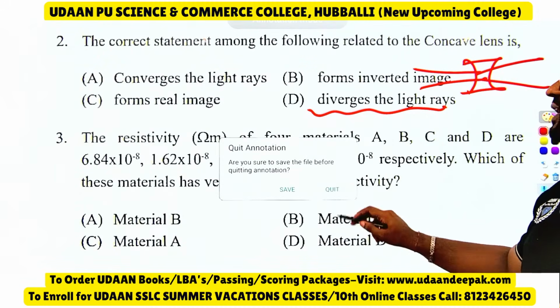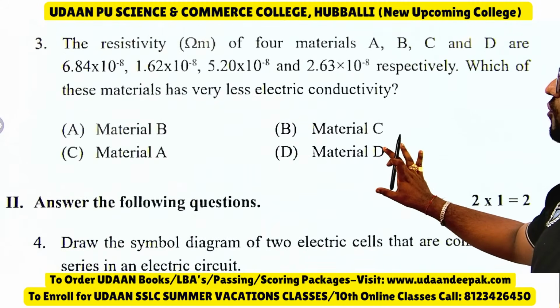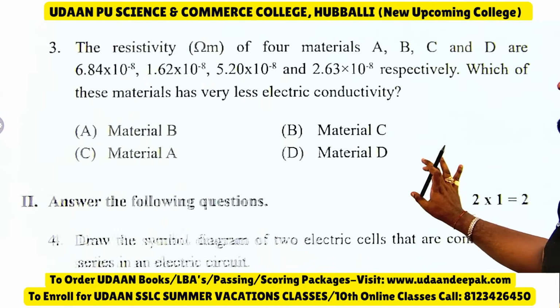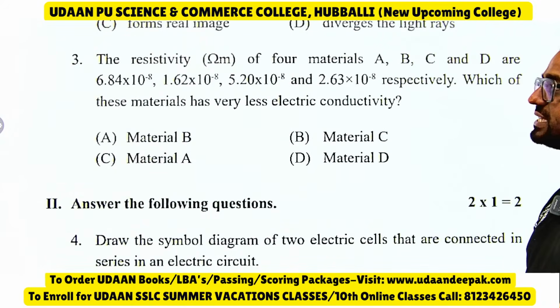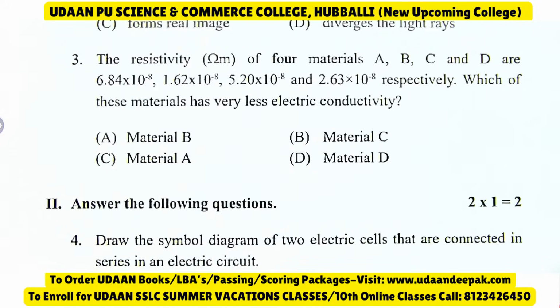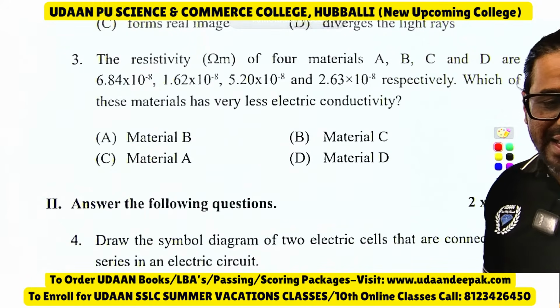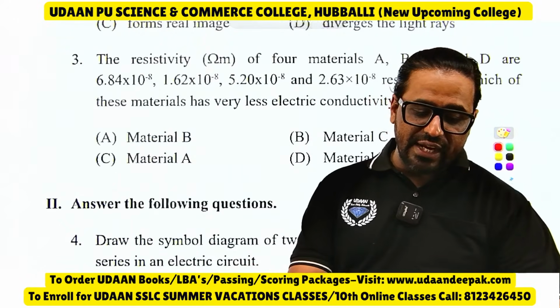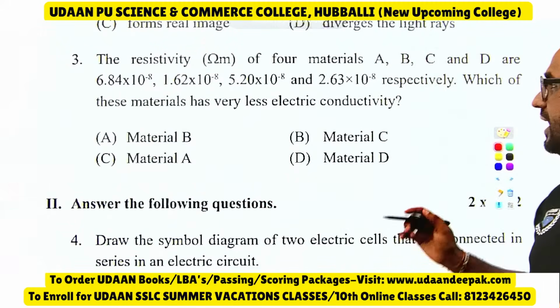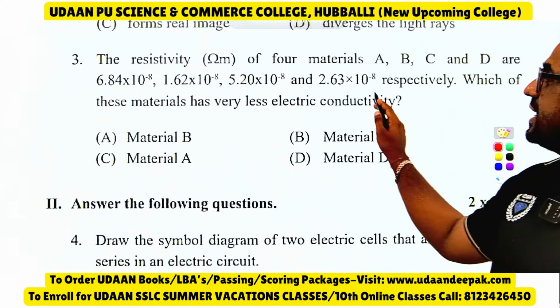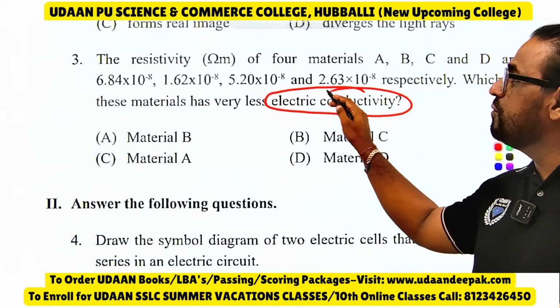Now next one: the resistivity in ohm meter of 4 materials A, B, C, D are given as 6.84 times 10 raised to minus 8, 1.62, 5.2, 2.63 respectively. Which of these materials has very less electrical conductivity? Less conductivity means which is having more resistance.